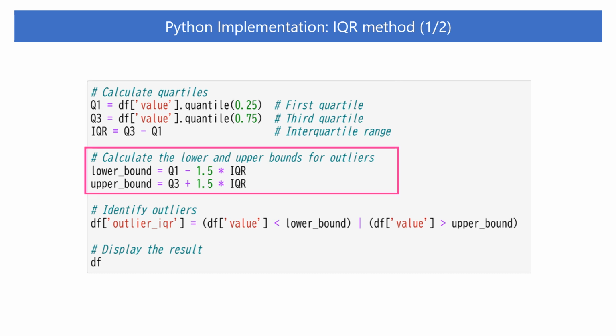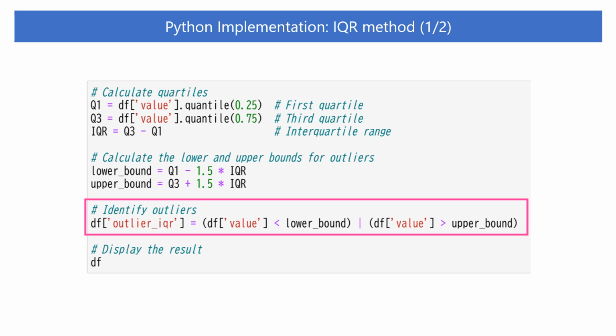Next, to detect outliers, we define the lower and upper bounds. The lower bound is defined as the first quartile minus 1.5 times the IQR, and the upper bound is the third quartile plus 1.5 times the IQR. Any data points outside this range are considered outliers.